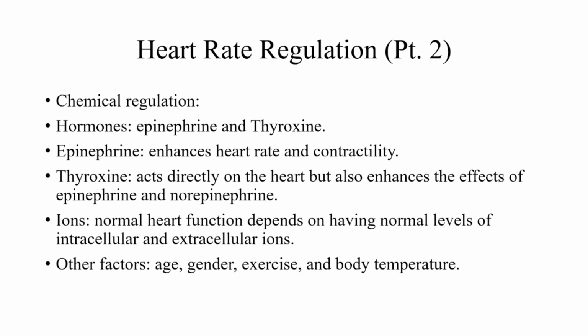Ions are very important because normal heart function depends on having a normal level of these intracellular and extracellular ions. There are also other factors when it comes to the regulation of heart rate. For example, you have age, gender, the amount of exercise the person is getting, and of course the body temperature.